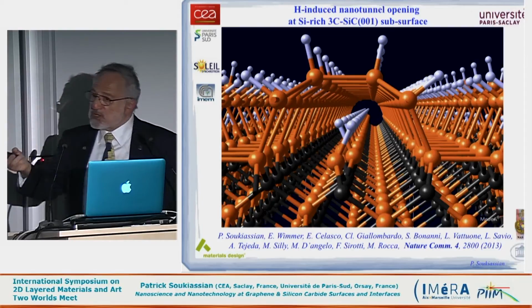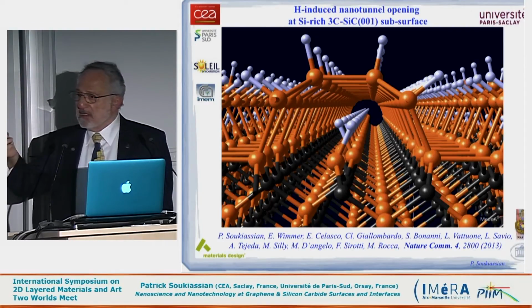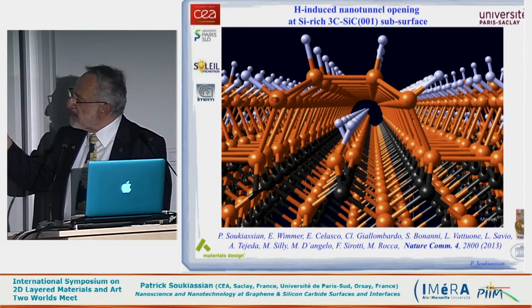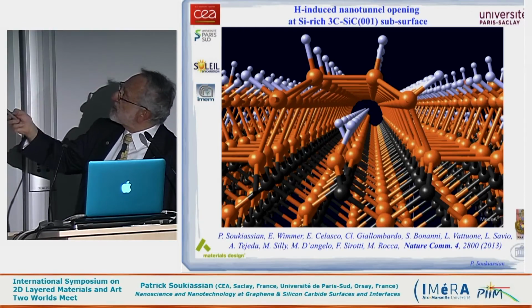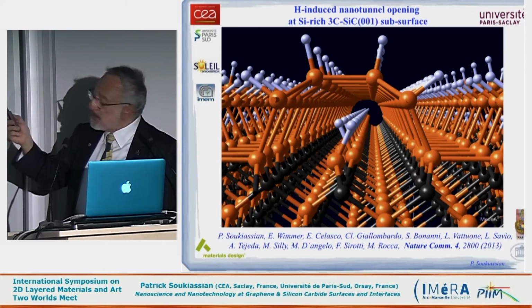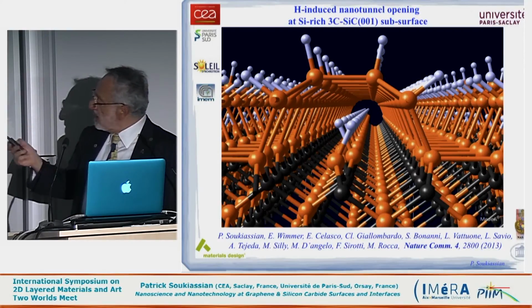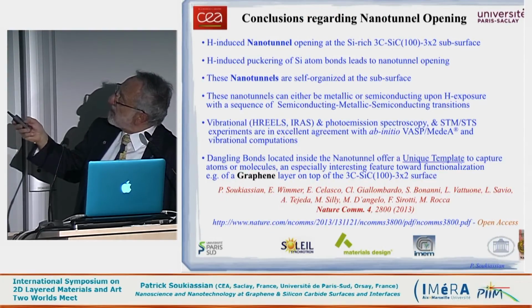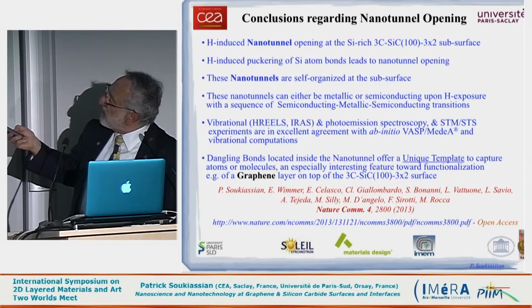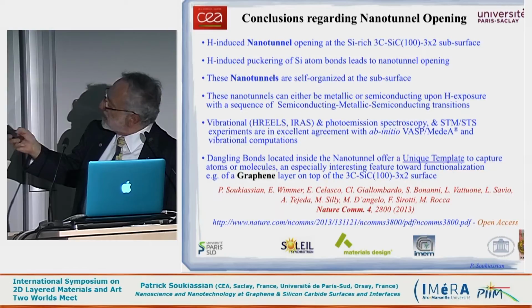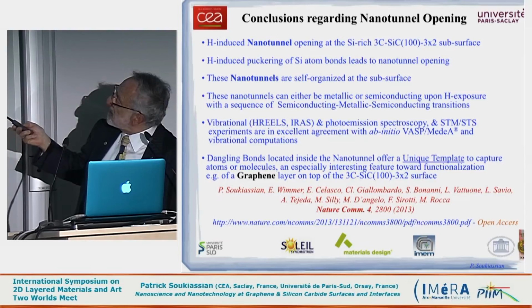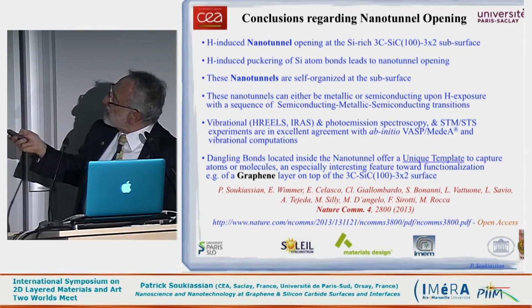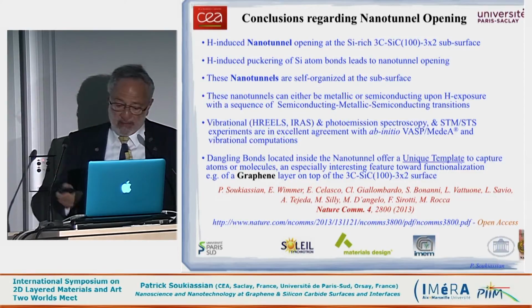You have dangling bonds which could welcome any metal, any molecule, which could passivate indirectly the graphene layer deposited on top of it. So that's something very interesting for functionalizing. Concerning this, we have shown that hydrogen creates open nanotunnels, and of course it's extremely interesting, because dangling bonds located inside the nanotunnel offer a unique template to capture atoms and molecules, which is especially interesting to functionalize graphene on silicon carbide.